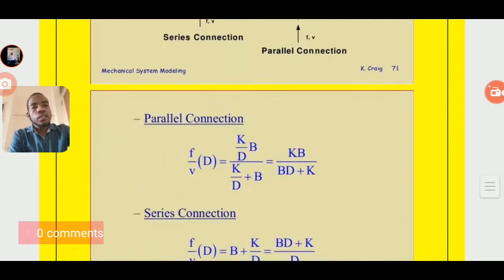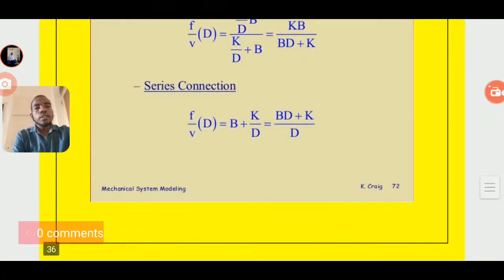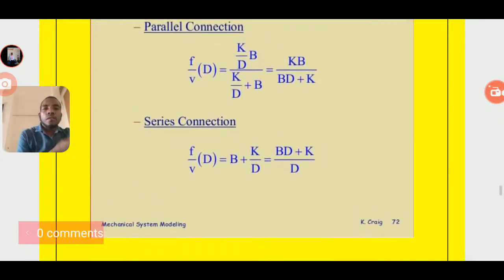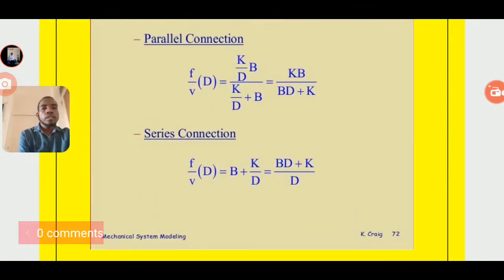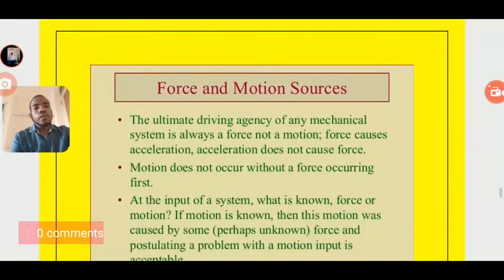This is the parallel connection formula, and this is the series connection formula. So you have to identify the parallel connection formulas and the series ones. Next, the force and motion sources.